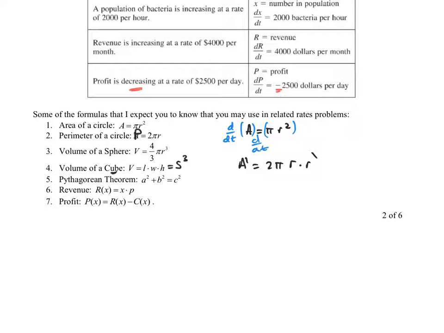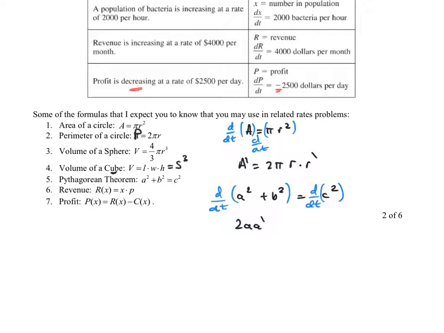They have to give you two of those three variables so you can find the missing third one. And you could do this with any of these different functions. For instance, consider the Pythagorean theorem, a squared plus b squared equals c squared. Imagine taking the derivative with respect to t of both sides of this equation. If we did that, what's the derivative of a squared? Well, remember, the variables don't match. a is a function of t, so that'd be 2a times a prime.